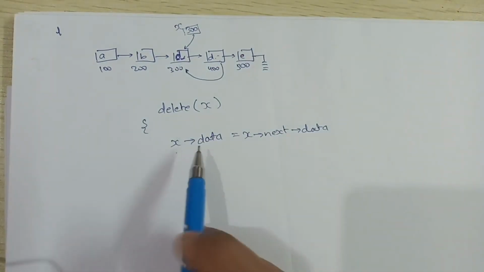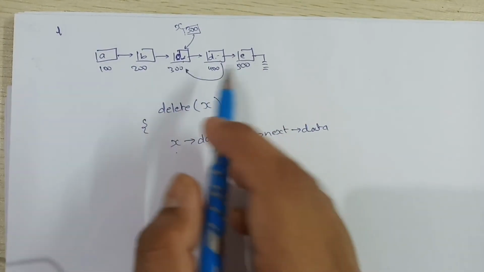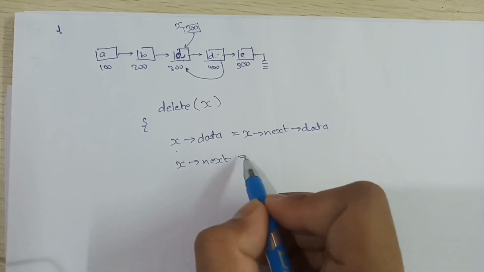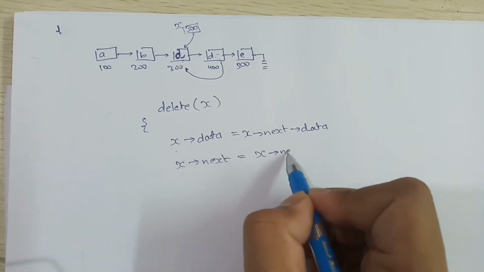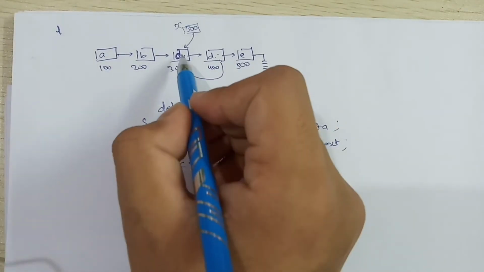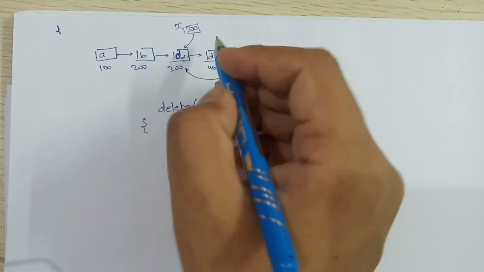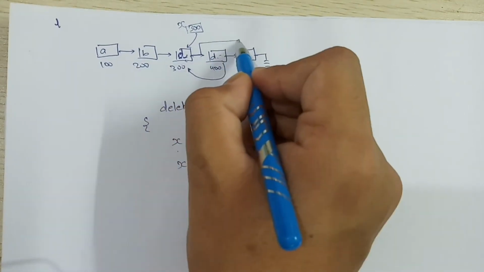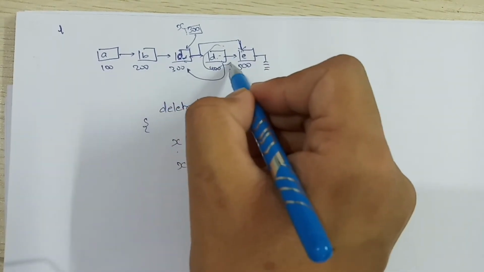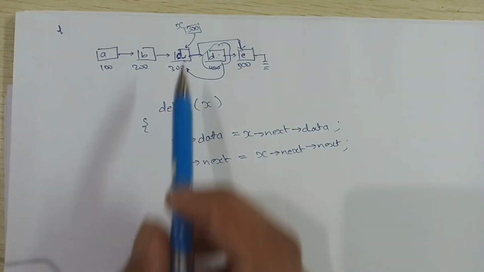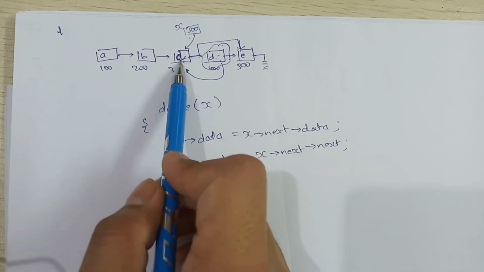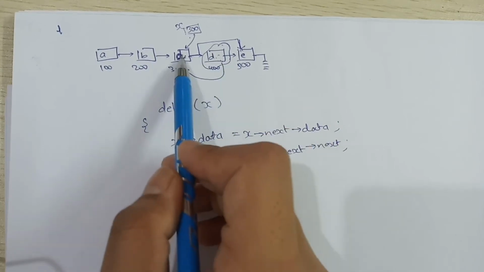Now as soon as d is copied, you will say that x's next will hold the address of x's next next. So this node will start pointing to the e node, and this is how you break the link of the next node. So instead of deleting this node, you copy the data of the next node into it, and then you delete the next node by breaking the link.